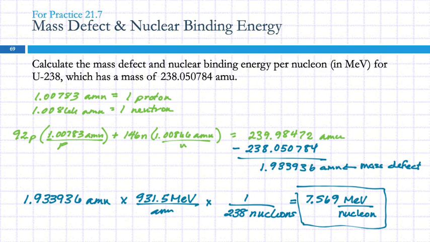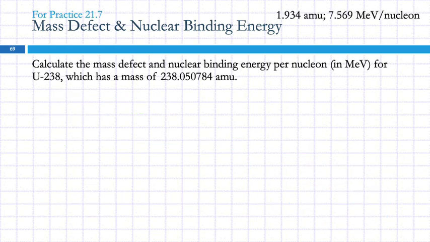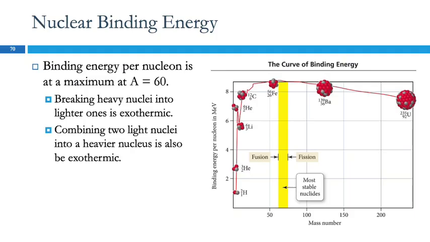We pretty much guarantee there'll be a question like that on the exam for this chapter. So this is a graph looking at the binding energy per nucleon in mega electron volts as a function of the mass number. And so we see that hydrogen and helium have very low binding energy per nucleon.